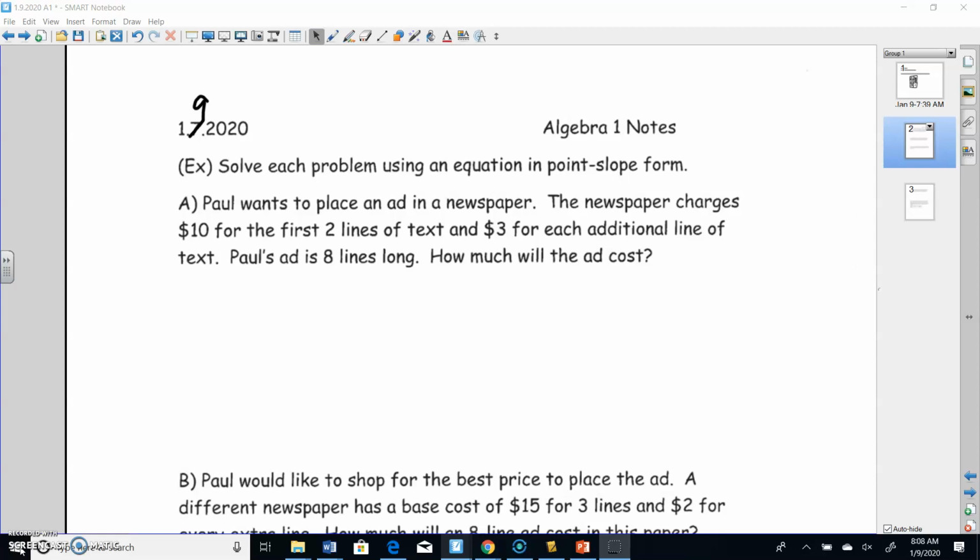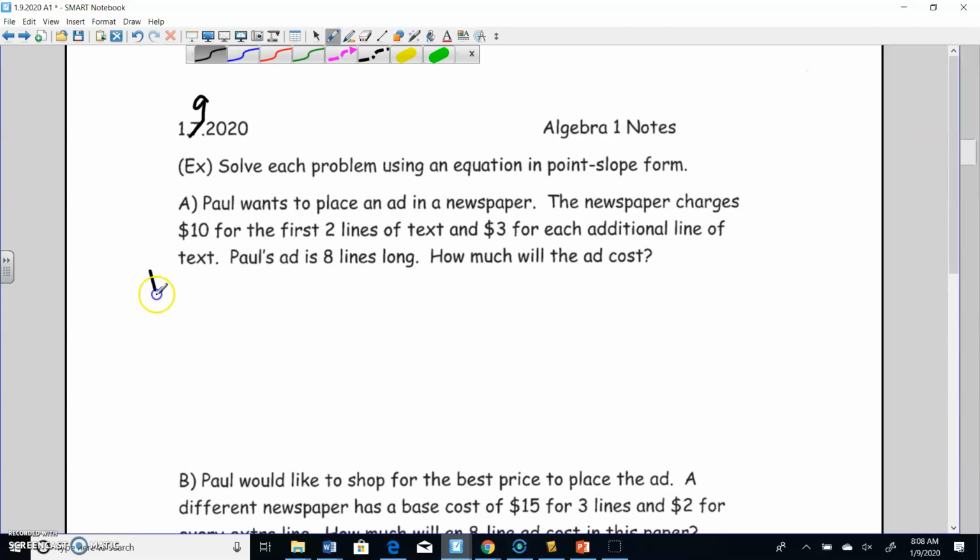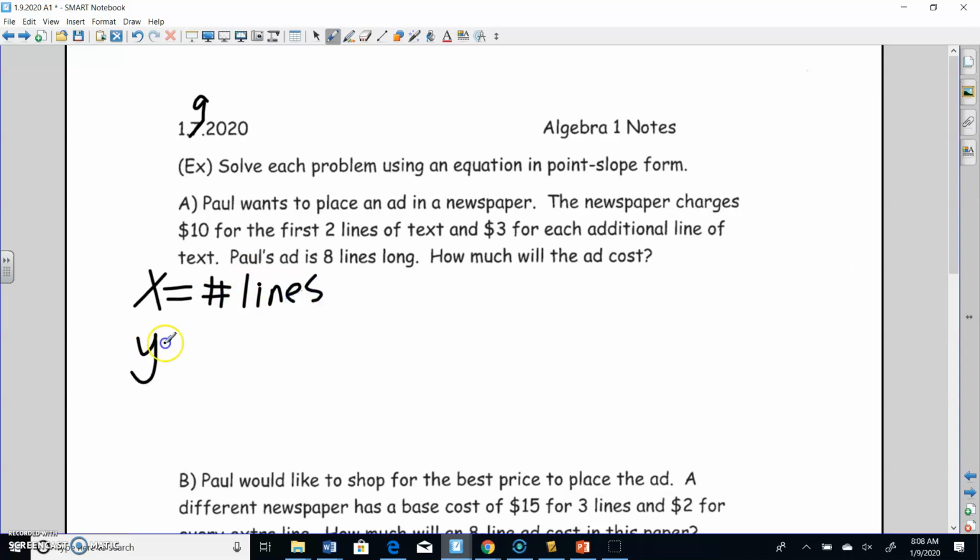Okay? So, in terms of point slope form, we ideally want a point and a slope. So we're talking about the cost of placing an ad. And that's based on what? The cost depends on what? How many lines there are, right? So in this problem, x is the number of lines, and y is the cost.